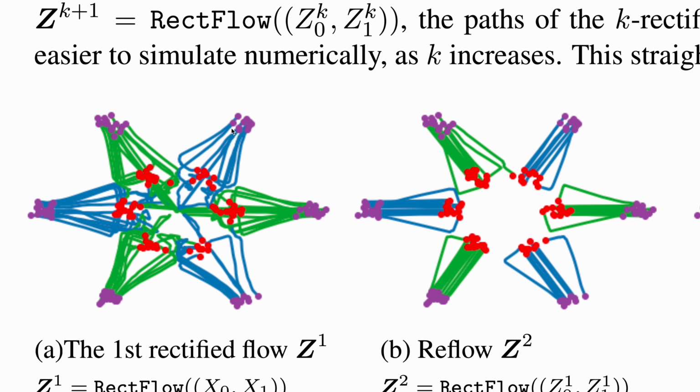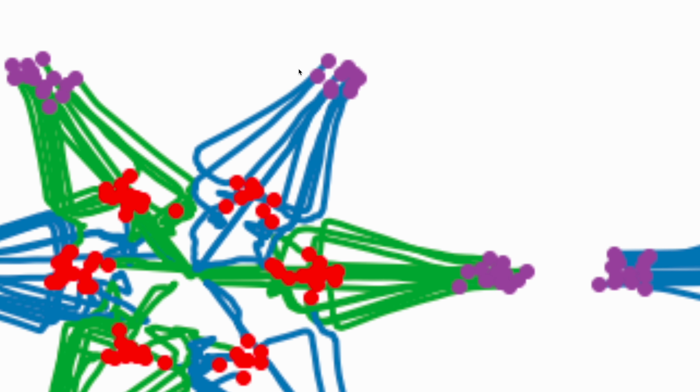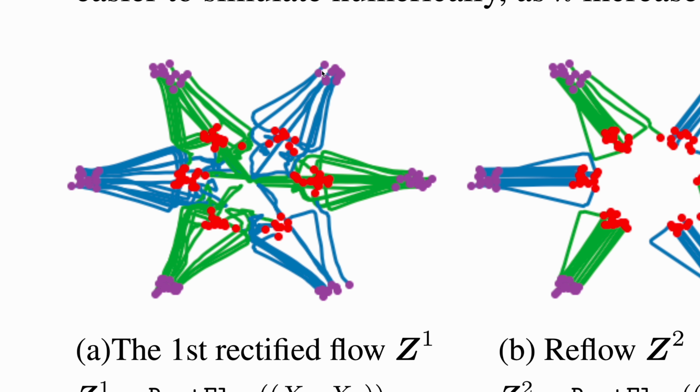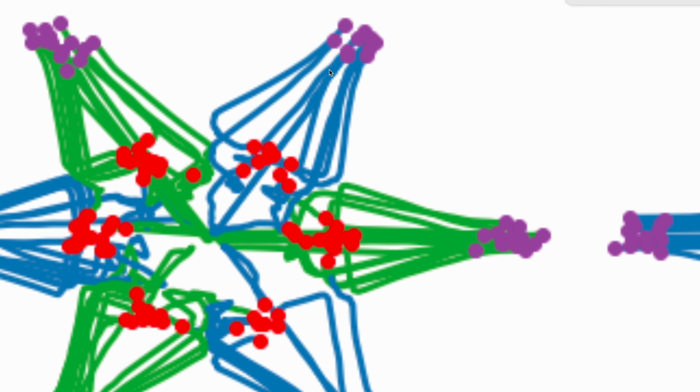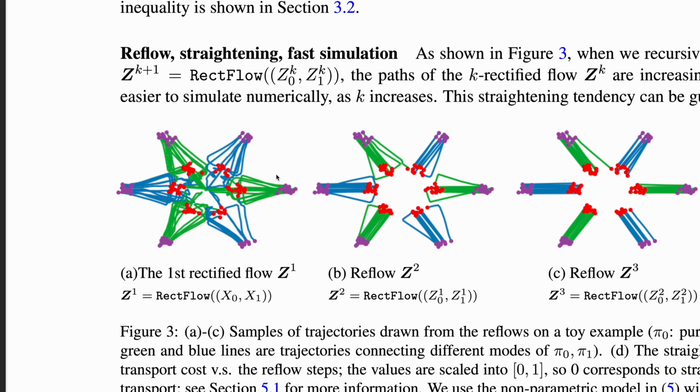You can see that there is nothing that prevents the flow, for example, from learning to map this point to this one. But because of the properties of flow, here we have a nice mapping. This mode is mapped to this one, the closest one. That's great, but it can be even more straight.